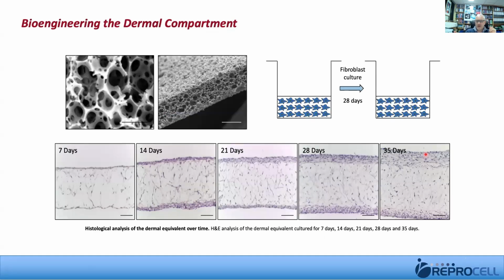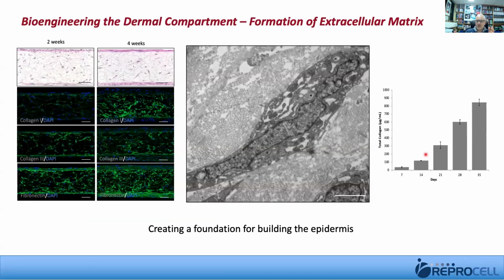First, to make the dermal compartment, we take the Alvetex membrane in our insert. We then seed into that human primary dermal fibroblasts, and we maintain them for 3 to 4 weeks. During that time, the cells grow inside and on the surface of the Alvetex, populate it, and produce their own endogenous ECM. These images on the left show immunostaining for collagen 1, collagen 3, and fibronectin deposited inside the material.